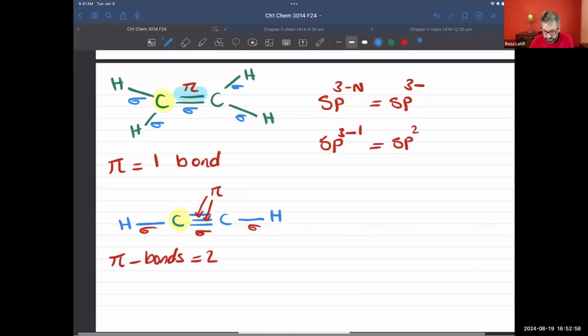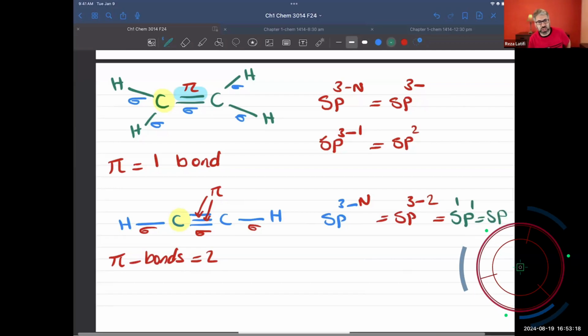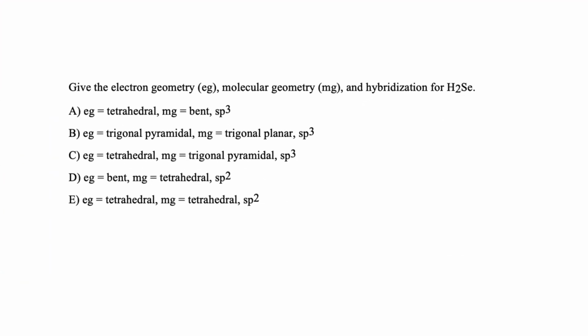So the hybridization for carbon will be sp3 minus n, that's sp3 minus 2, which is equal to sp, or s1p1. So that's one easy way to find the hybridization for carbon.